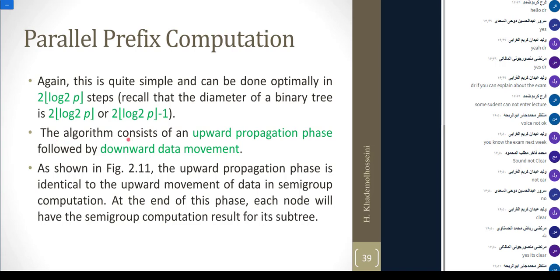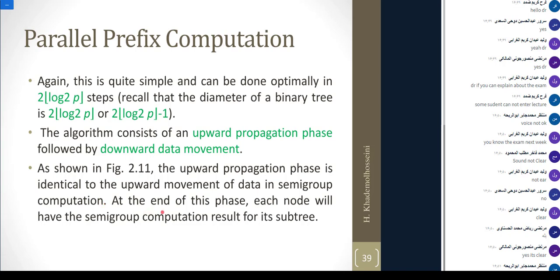Again, the algorithm consists of an upward propagation phase followed by downward data movement, similar to semigroup. As shown in the figure, the upward propagation is identical to the upward movement of data in semigroup.